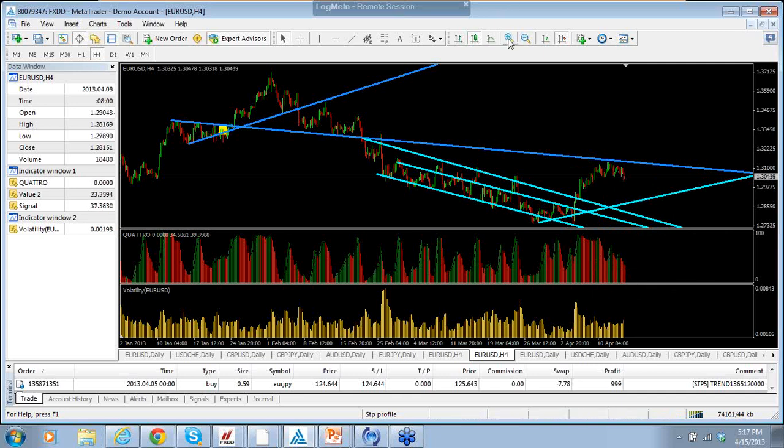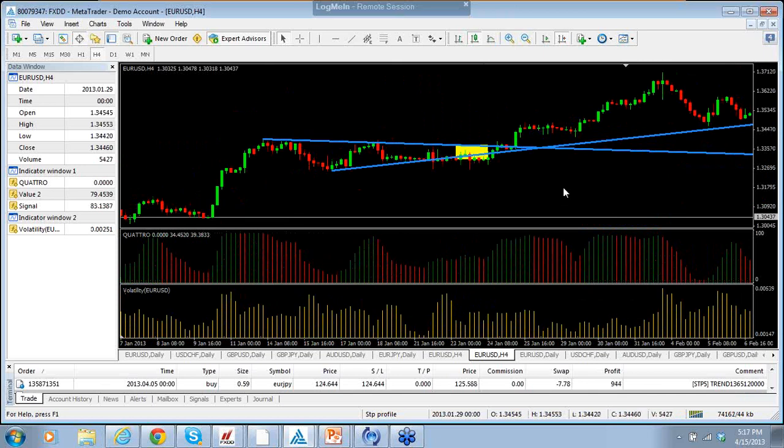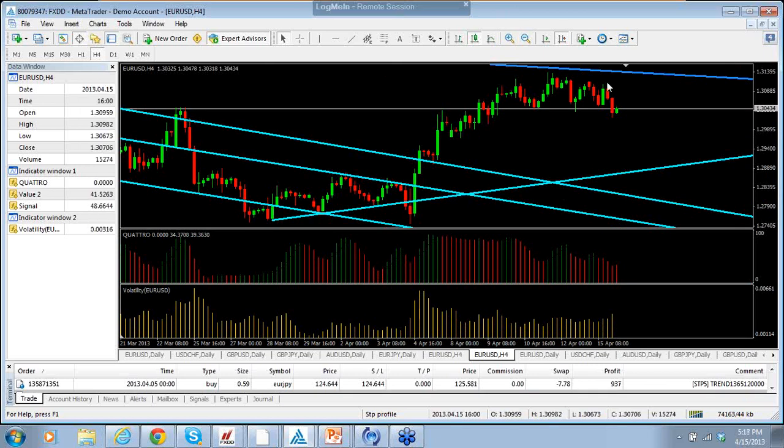Speaking about the FxEdge Quattro itself, we had a change from green to red just now, and basically that got us into a sell trade. About 31 pips of risk with the spread.